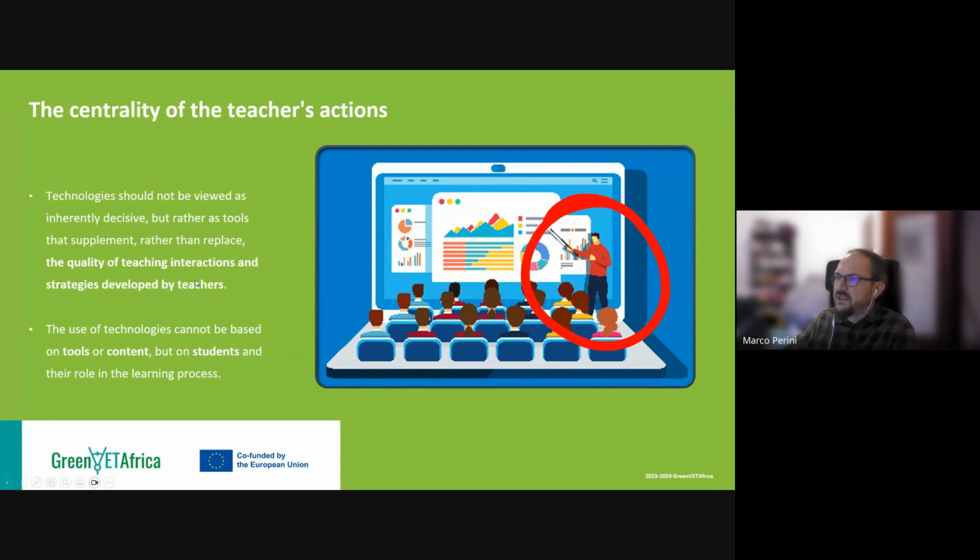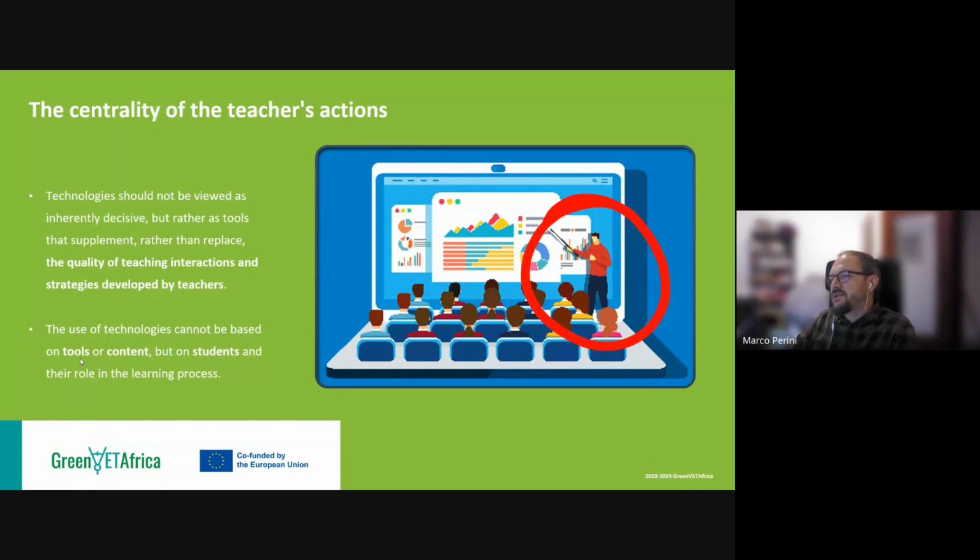We cannot replace the teacher and his responsibility with technology. Technology is only a really good support for teachers if we use it in a proper way. We will repeat this point a lot of times because it's really important.